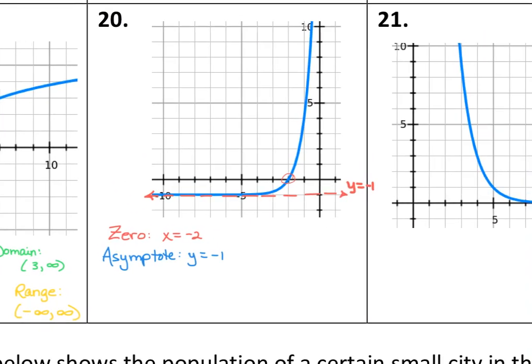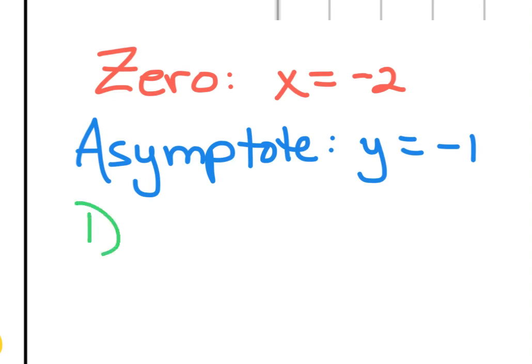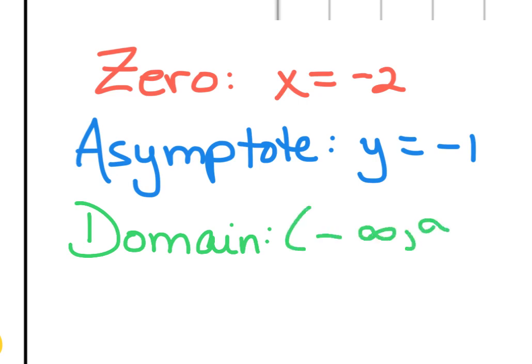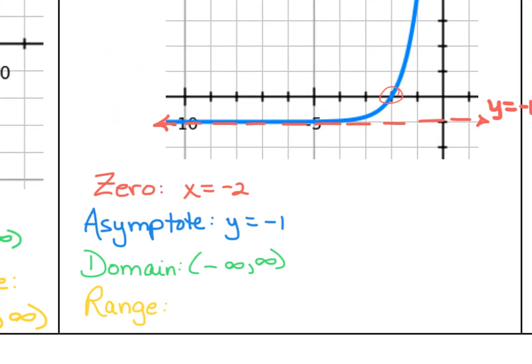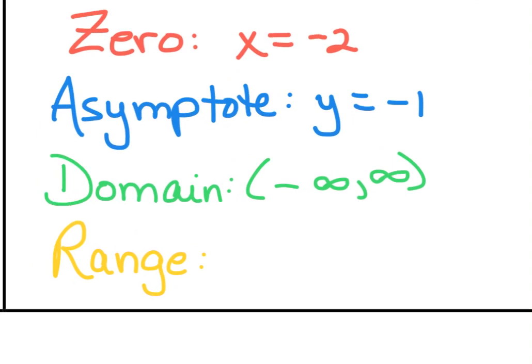Now, because it has a horizontal asymptote, it's an exponential function, and so your domain of every exponential function is going to be all real numbers. And your range is going to be from the asymptote at -1 to positive infinity. So your range is going to go from -1, not including -1, to positive infinity.